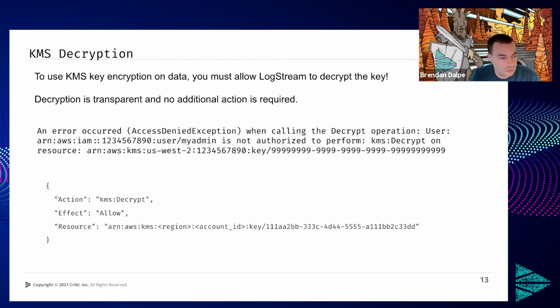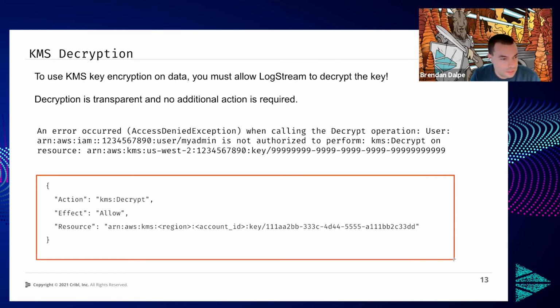Now, it seems counterintuitive, but it's actually not decrypting the data. You need to be able to decrypt the KMS key, which then provides the encryption keys that give you access to decrypt the data. It's kind of a two-step process here. You get the key, you can then decrypt the key, and then you get the key material, which then allows you to decrypt the data that's encrypted by KMS.